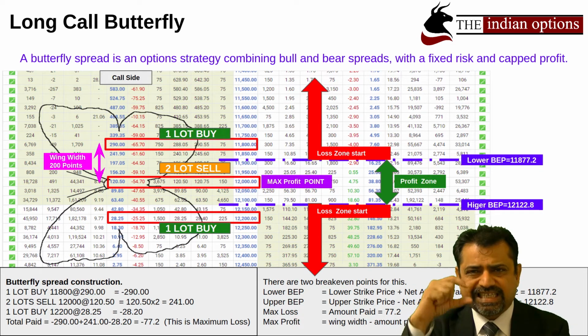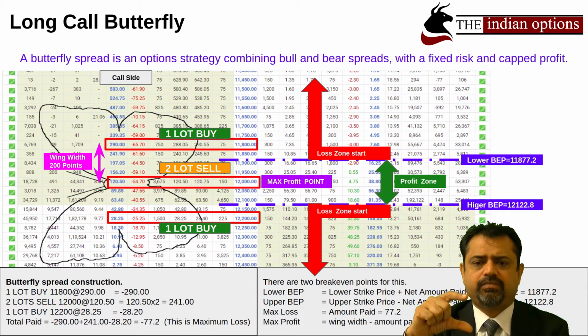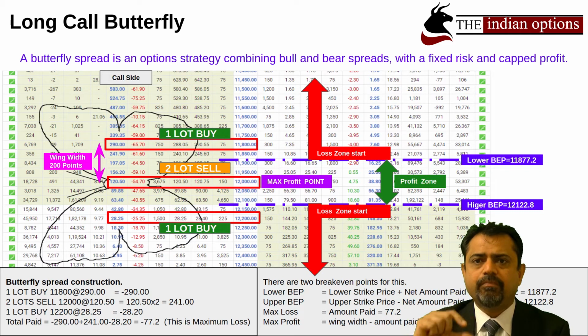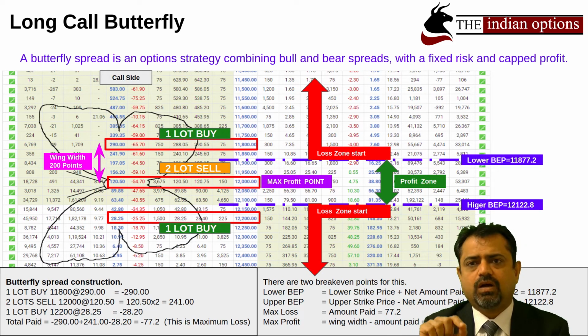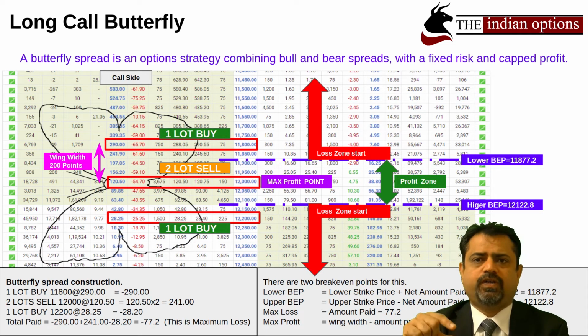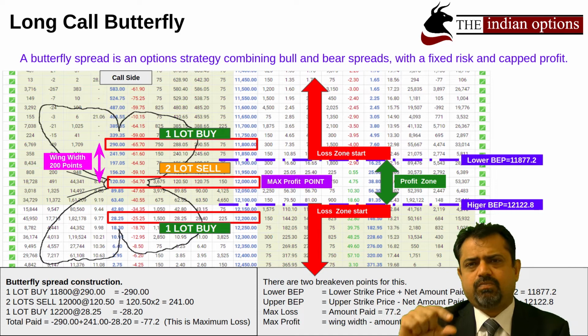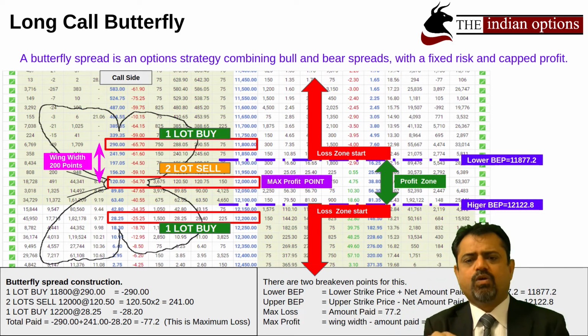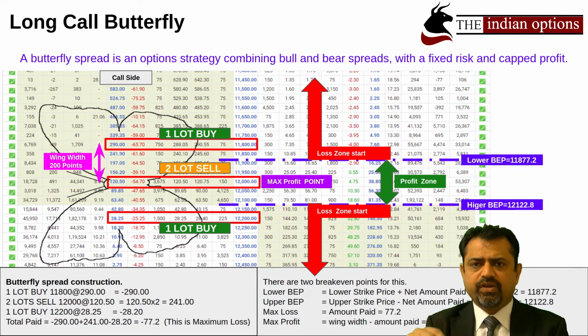If the market stays in the middle of the BEPs, that is between 11,877.2 and 12,122.8, then this is the profit zone. And the maximum profit is going to be achieved when the market is exactly at your body, that is 12,200. 12,200 will give you the max profit.